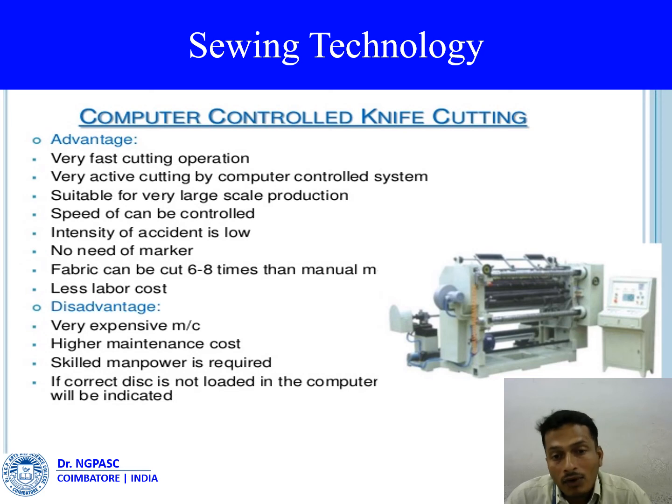And the disadvantage is that it is very expensive. It is not suitable for small scale industry. It is suitable for large scale industry. And then higher maintenance cost, and skilled manpower is required because it is very tough for a normal person to handle. So skilled labor is required. If the correct disk is not loaded, the computer will give an indicator.